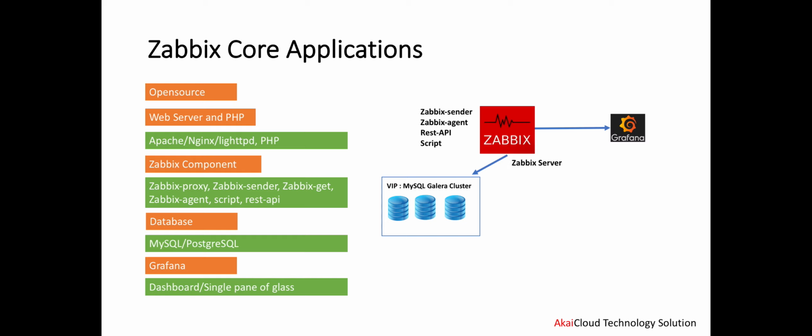But if we are not satisfied with the Zabbix dashboard, we can use the open source Grafana. Grafana has a native solution: one plugin retrieves all the data from Zabbix, and then we push that metric data and create the dashboard on the Grafana side. It's very simple. Then we can create a single pane of glass using Grafana.